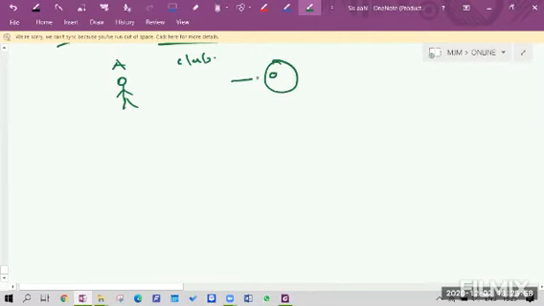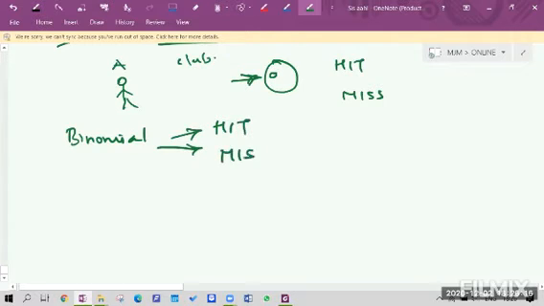Here, for example, she goes to a club to play a shooting game where she shoots arrows so that they could hit the target or miss the target. So in a binomial distribution, you will always have two outputs, hit or miss, also known as success or failure.